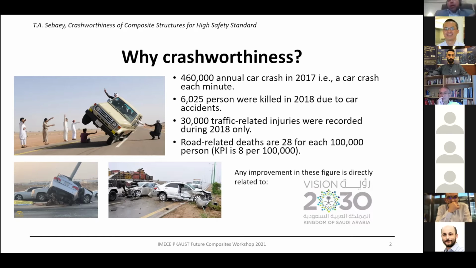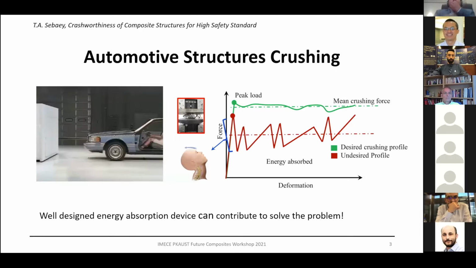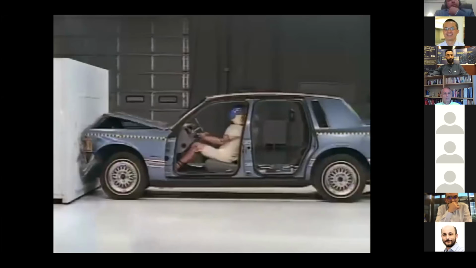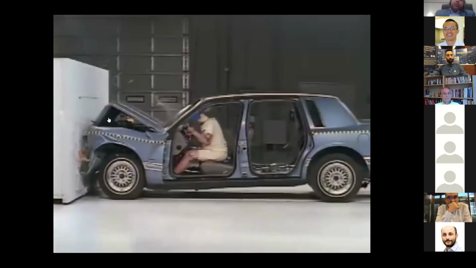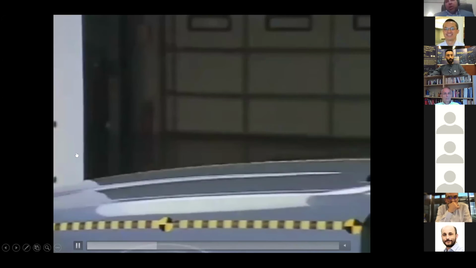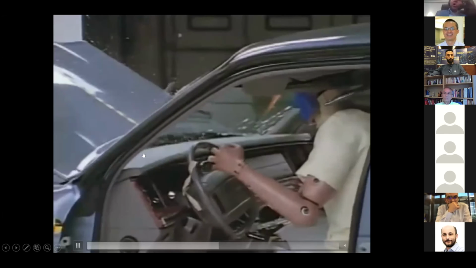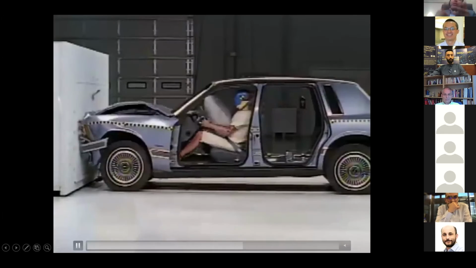We should try to improve this. Going very closely to the car during the accident, the structure is trying to capture most of the impact, and most of the energy goes to the structure in terms of fracture, elastic deformation, and plastic deformation.